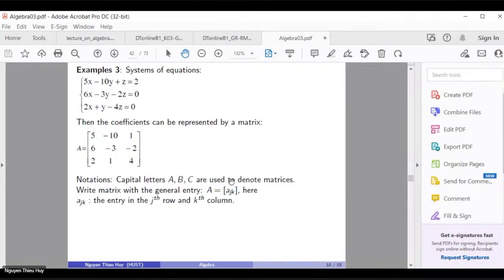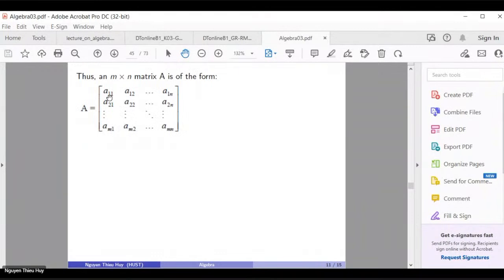Good. So generally, if you write it in the general way, an m by n matrix A has this form. You write all the entries, and the first row, of course, has the first index only 1, because this indicates the row that the entry belongs to. So every entry in the first row has the first index 1, because 1 is the first.